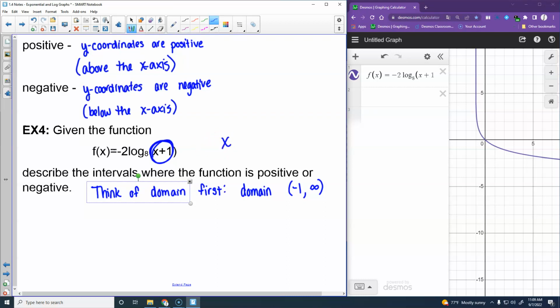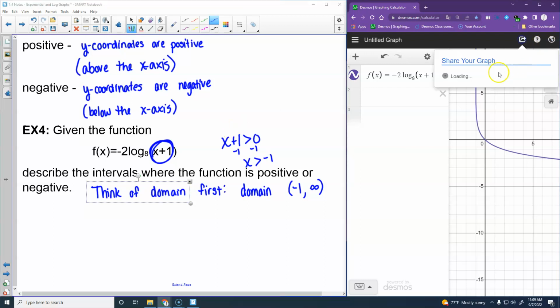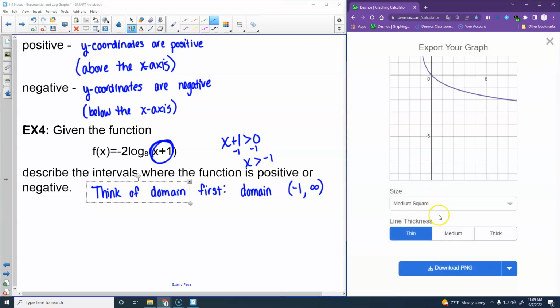So if I say x plus 1 has to be greater than 0, and I subtract that 1 from both sides, x has to be greater than -1, which is -1 to infinity. Now, that's not our answer, that's our domain, because you have to think about domain before you can answer where the function is positive. If I think about this graph, let me actually export it and put it over here.